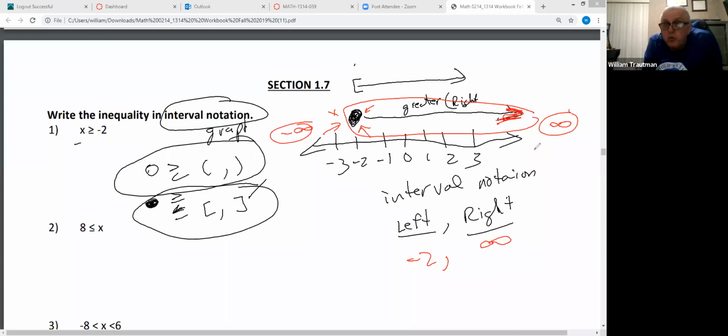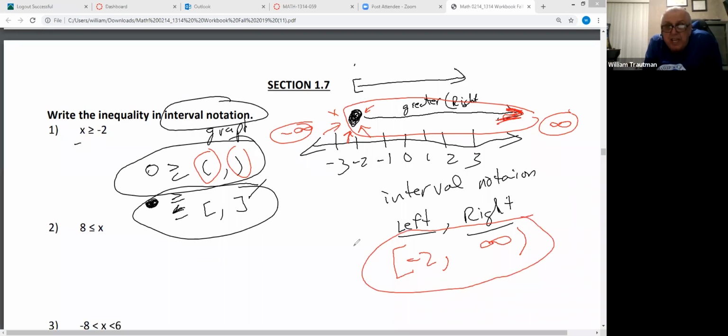Now, you can never touch infinity, so infinity always has a parenthesis. It never equals infinity, so you always put a parenthesis. But the -2 is a filled in circle. It says equals, so it equals -2, so you have to put a bracket.